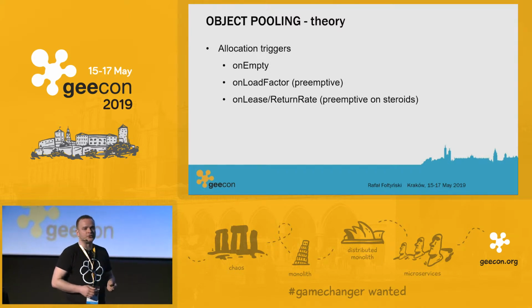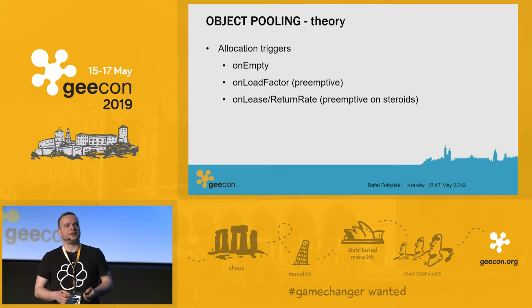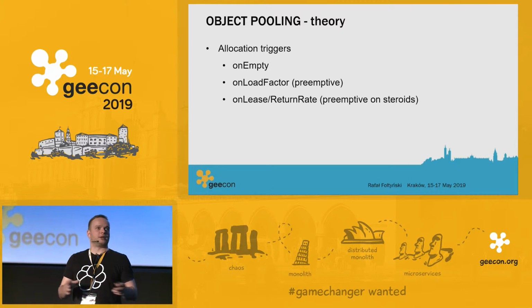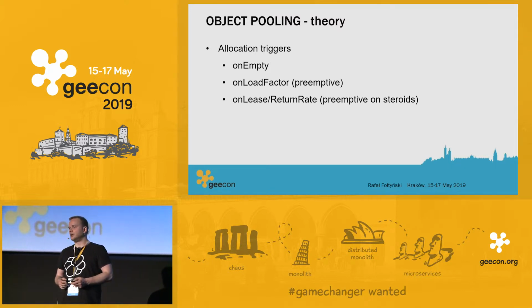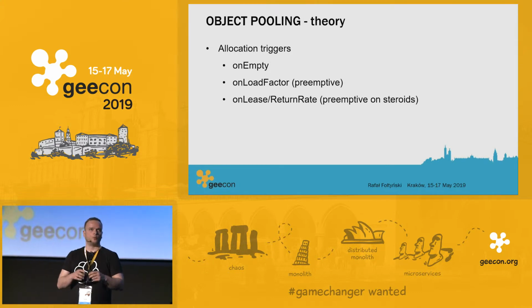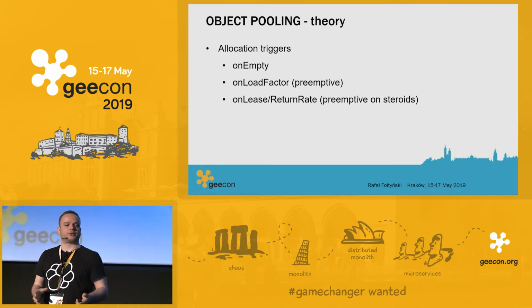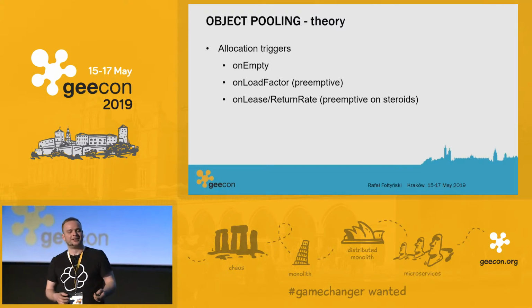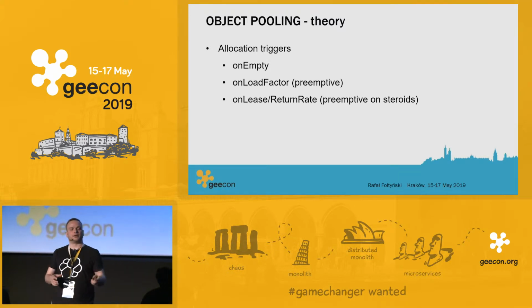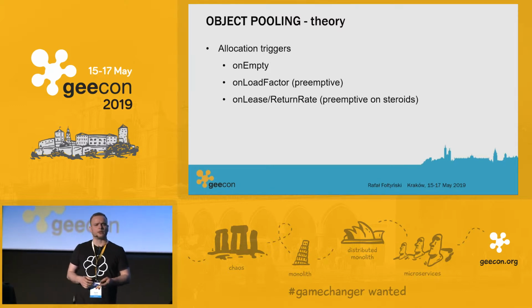There are multiple allocation triggers. The easiest one is on empty, when your pool is actually exhausted. The risk with this approach is that when your object takes a lot of time to create, the borrower that hits this moment will wait a long time for another object.